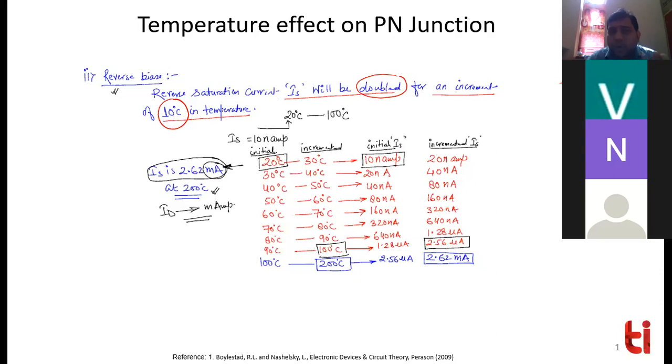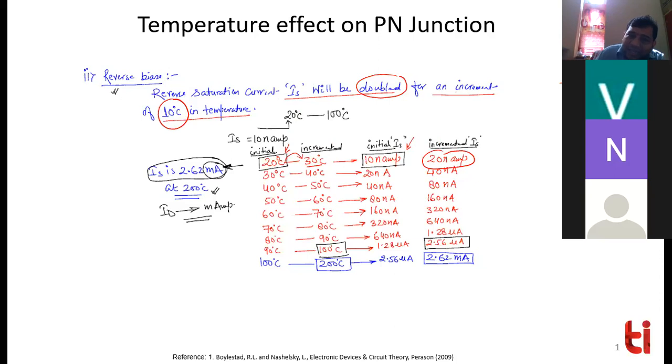On this relationship you can also get one question in the exam. Here one example is given. Let's say the initial temperature was 20 degrees Celsius and the initial IS was 10 nanoampere. If you increase the temperature by 10 degrees Celsius, meaning at 30 degrees Celsius, you will get 20 nanoampere, double the initial IS.